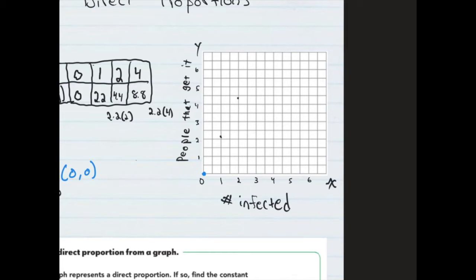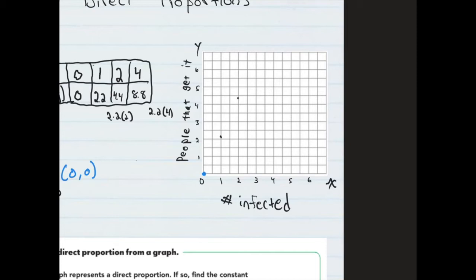I actually skipped 3, and I went right to 4. If 4 people are infected, I can expect 8.8 to get it. As you can see, that actually goes off my graph, which is okay. Your table can go off your graph, but we have enough points here where we can actually make a line.